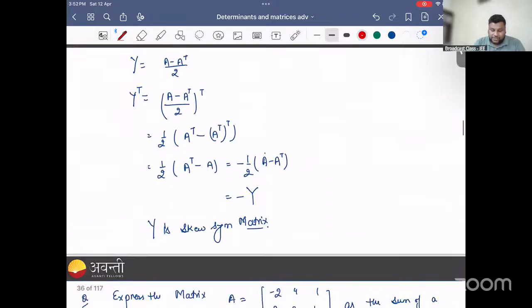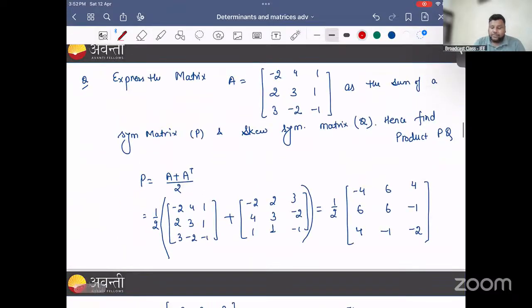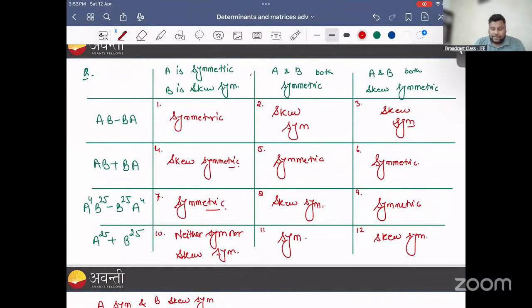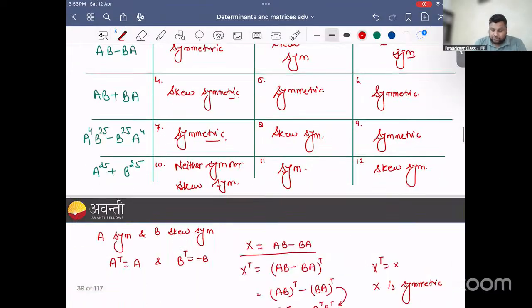Then we proved them. Then we did a question where we expressed a matrix as the sum of a symmetric and a skew symmetric matrix. Then we made a table where we understood, if we are given 2 or 3 matrices as symmetric or skew symmetric, how to find their combinations as symmetric or skew symmetric. Here we have done AB minus BA, AB plus BA, and so on.